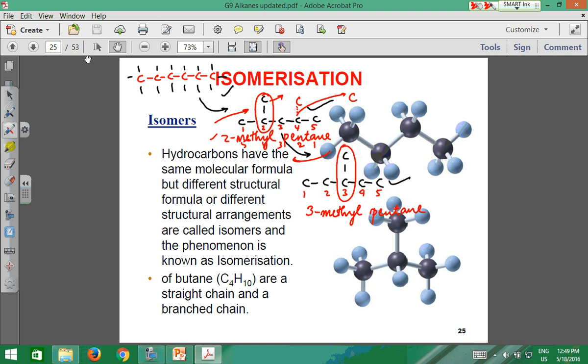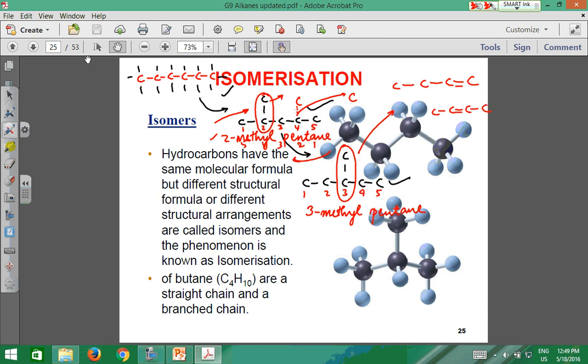Let me clear one more thing. If you just change the position, like I changed the position of the carbon here, it was on second and it was here third. But if I change the double bond position, for example, I have a compound like butene. The double bond is on the first carbon. If I change the position of the double bond, it will become a different compound.